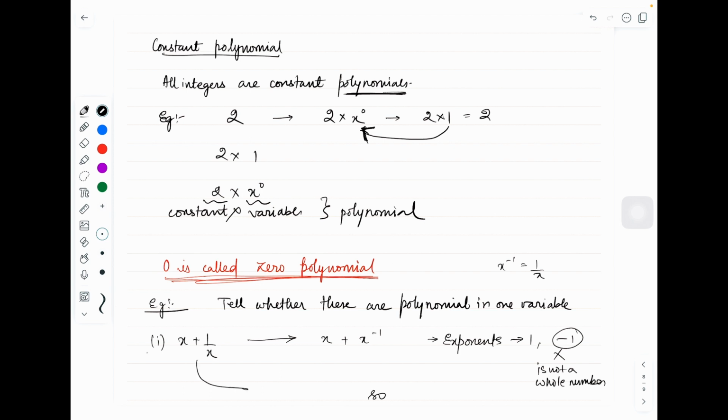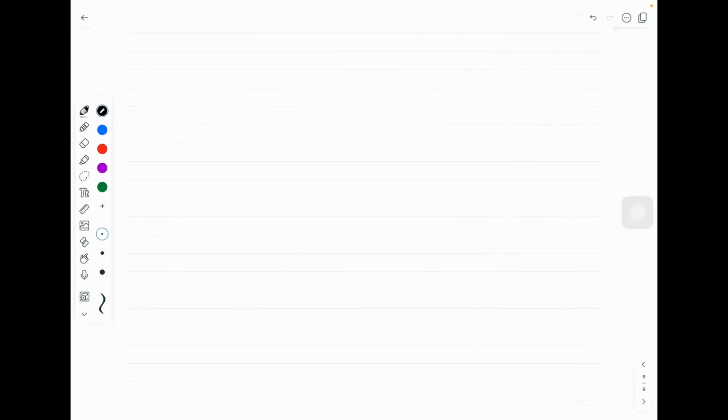So this expression is not a polynomial in one variable, because one of the exponents is negative, so it is not a whole number. Of the two conditions, one condition is not matching.